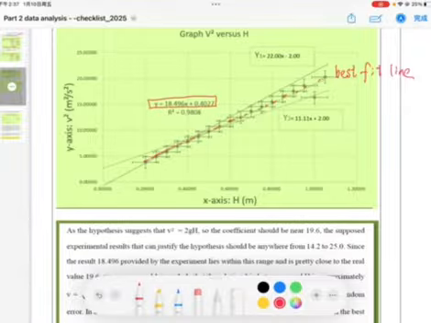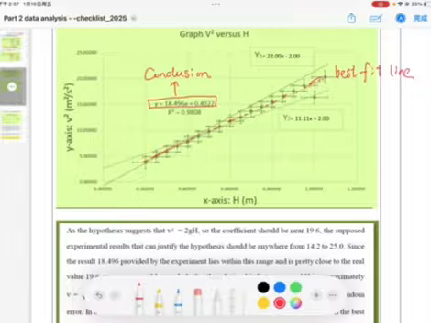Now, this equation is kind of like your conclusion, correct? Because in your investigation, you wanted to know how H and V are related, right?